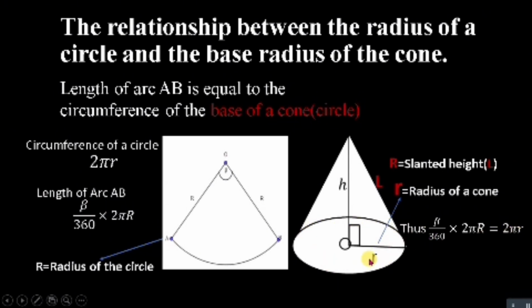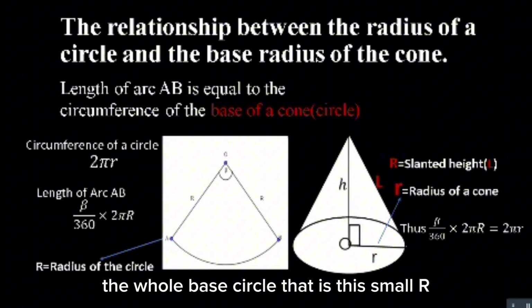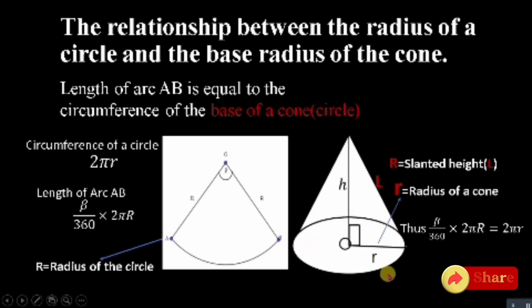That is this small r. That's the relationship here. So this length AB is equal to the whole of the base circumference here.